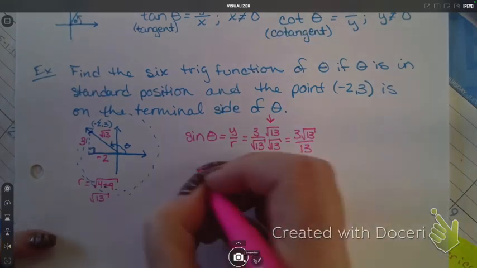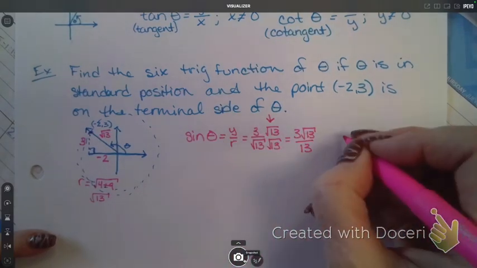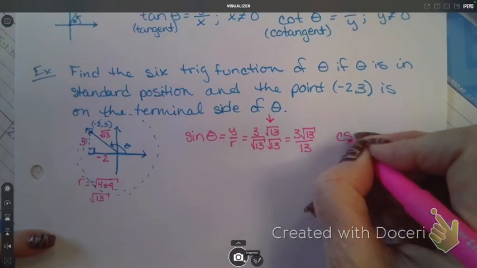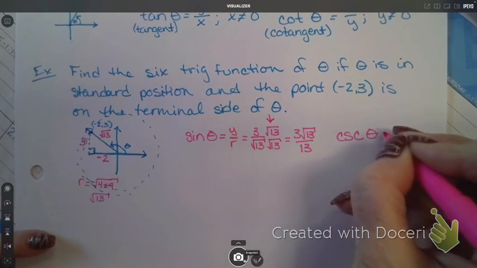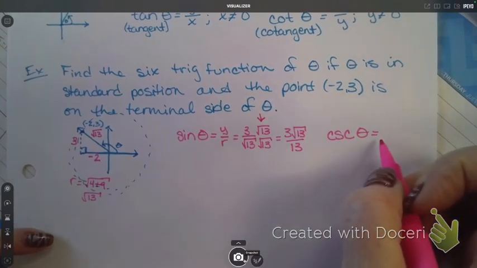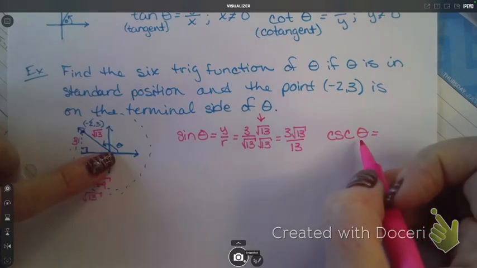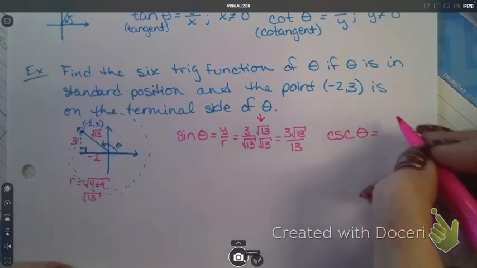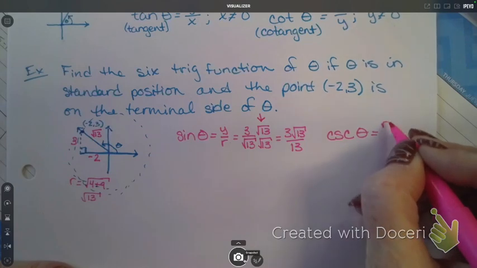Okay, so do you want to go right away and do cosecant? So I would write it next to it. Cosecant of theta, because we don't know theta, but we still have to put it, is what variable over what variable? R over y.